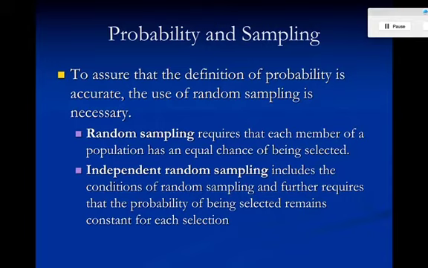That ultimately we're sampling until we get whatever value we want, but yet the probability of being selected remains constant for each potential selection. So in other words, we replace the missing value that we're working with. So ultimately here, what would we do? Let's say that we pull an ace out of the deck of cards.